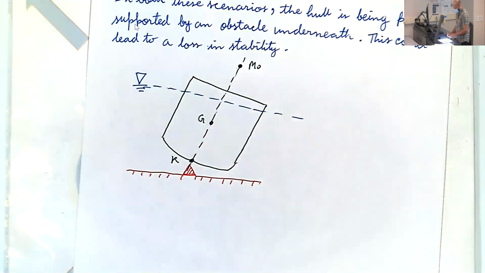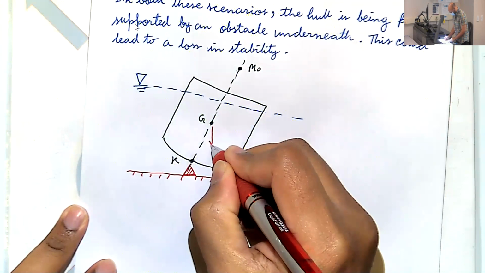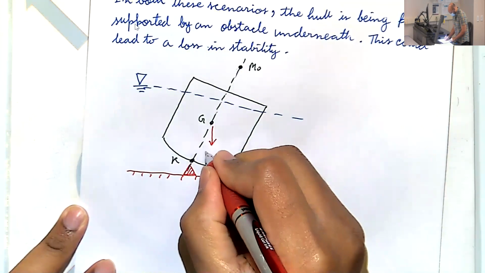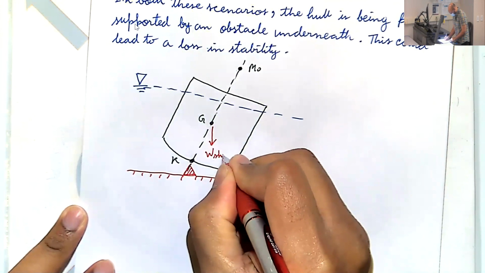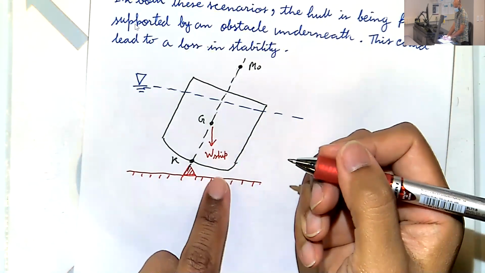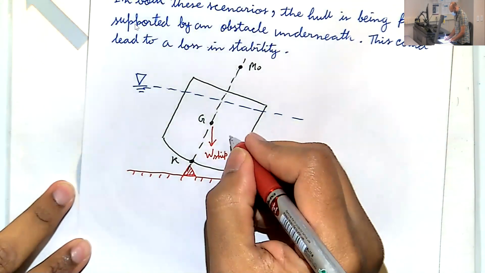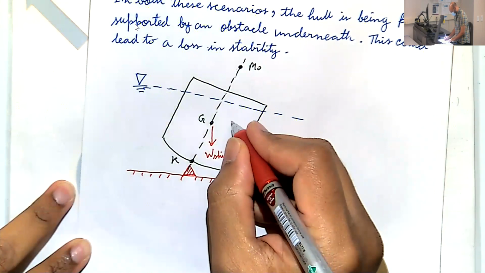Okay, so we already know G is where the weight of the ship will act. I'm not using delta here for a reason, so call this W ship. We know there will be a center of buoyancy somewhere.